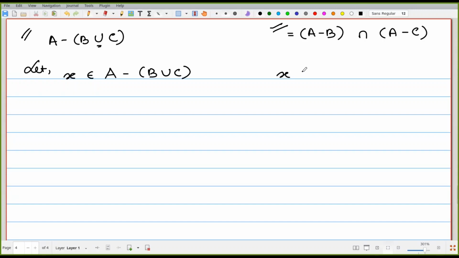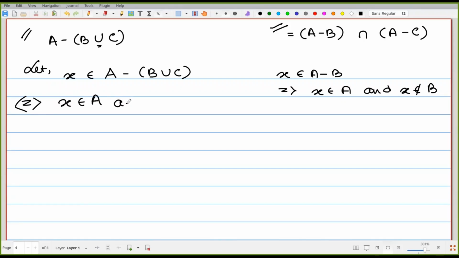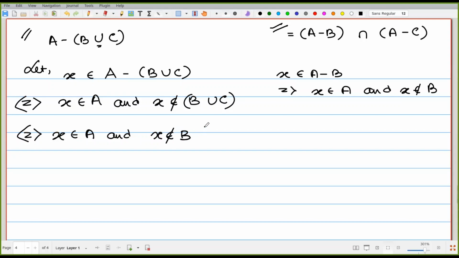Now once again, if we have x belongs to A minus B, that implies x belongs to A and x does not belong to B. Same is here: x belongs to A and x does not belong to B union C. So here x belongs to A and that is not belongs to B union C. So that means we are writing x not belongs to B as union not belongs to, so that must be AND. So x does not belong to C.